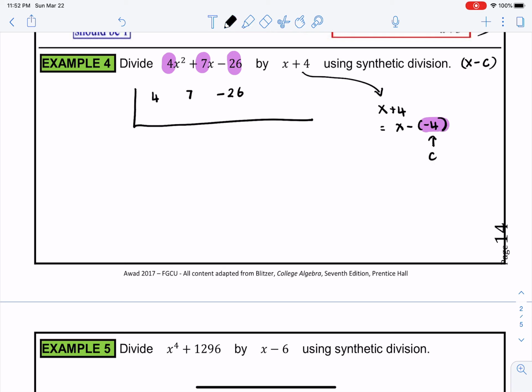So we take that value, negative 4, and put it over here. Now we bring down the 4 and we multiply those two and we add it up there. So negative 4 times 4 is negative 16.